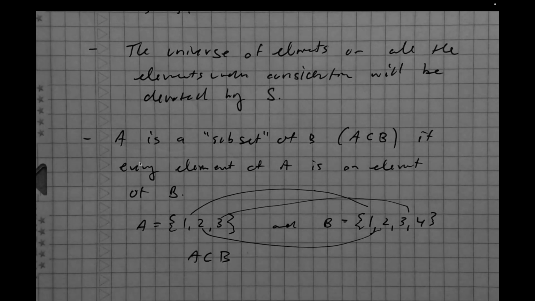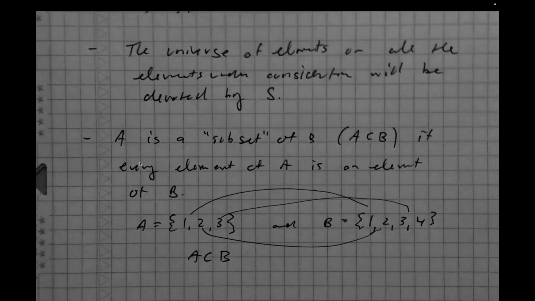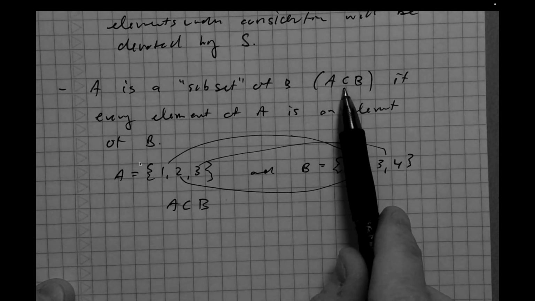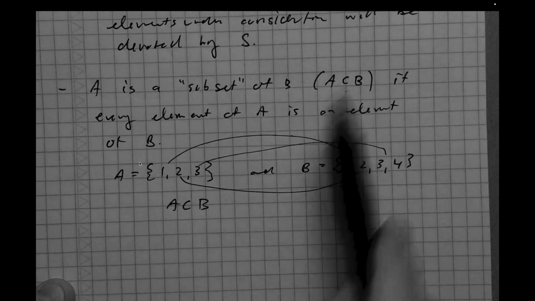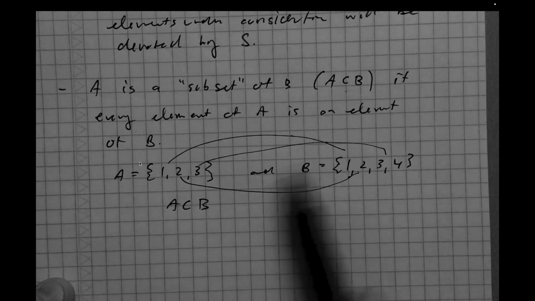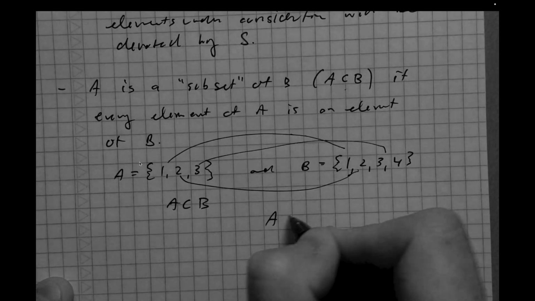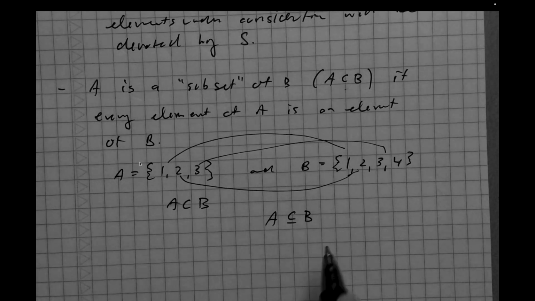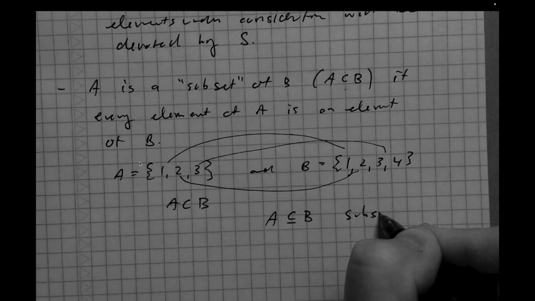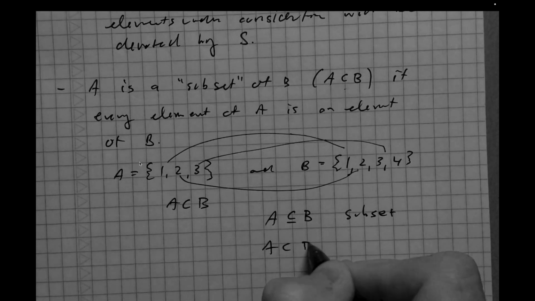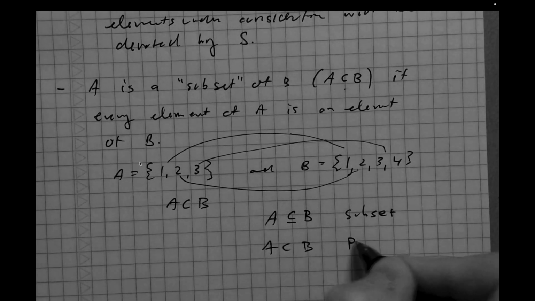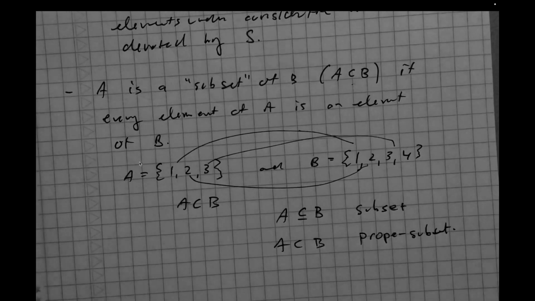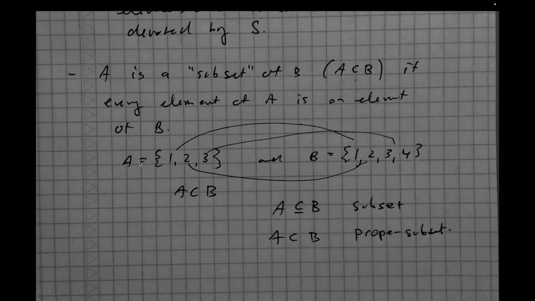A is a subset of B. Technically this is what we would call a proper subset, because there is an element of B that isn't in A. Sometimes you'll write A as a subset of B like this, which means A and B can be identical. This is typically used as subset, and A subset of B like we have above is more like a proper subset. Just note that there is some distinction there.